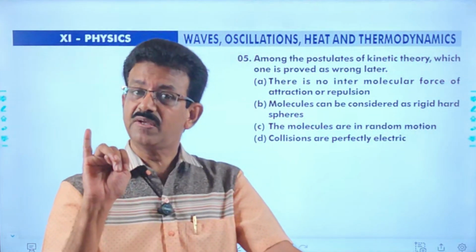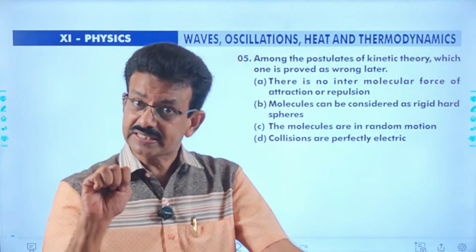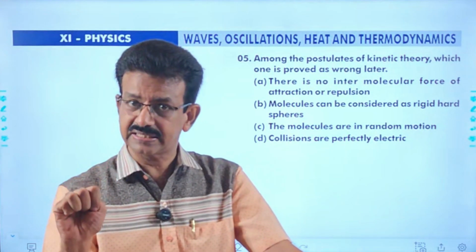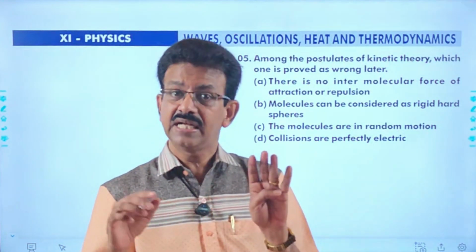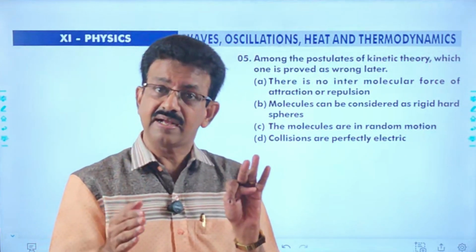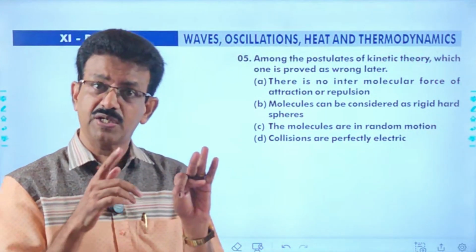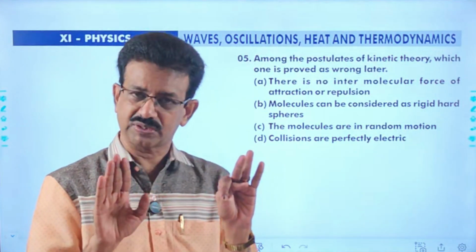The collision with the walls exerts a new property called pressure. Collisions are perfectly elastic. Gravity has no effect on the gas molecules. The average kinetic energy is proportional to the absolute temperature. These 7 postulates are correct postulates.